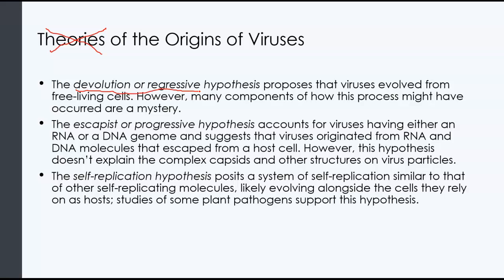So the devolution, always look for the word evolved, proposes that viruses actually evolved from free living cells. It's like they de-evolved because they're so much simpler than a cell.